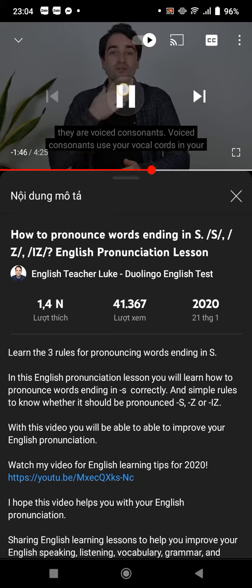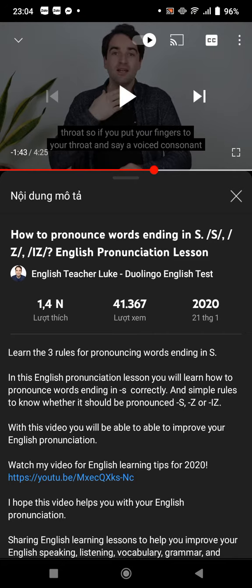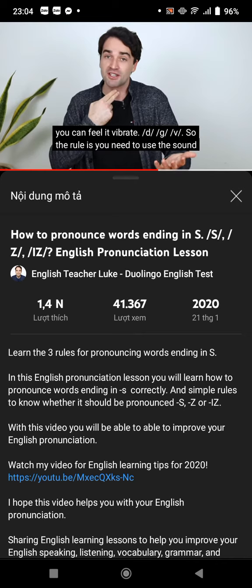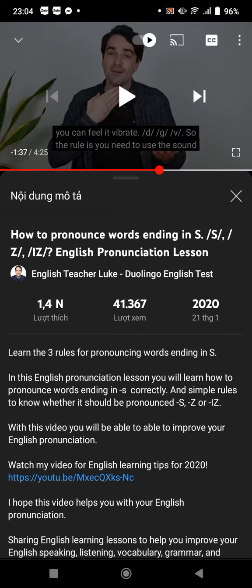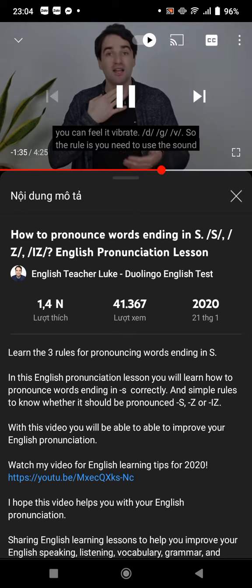Voiced consonants use your vocal cords in your throat. So if you put your fingers to your throat and say a voiced consonant, you can feel it vibrate. G, D, V.